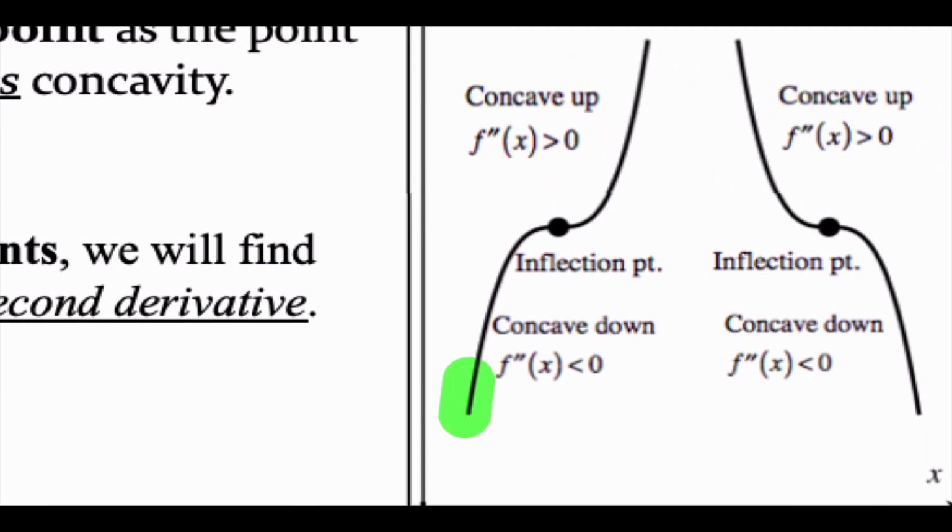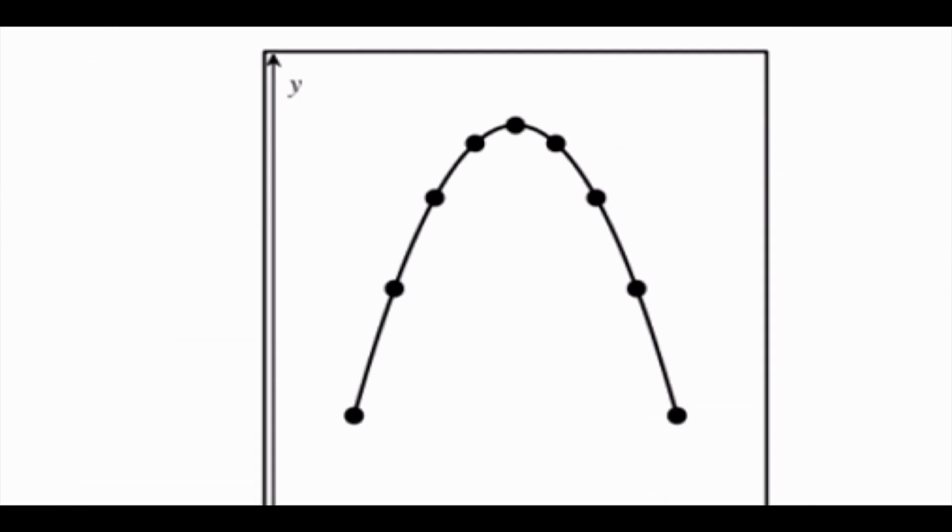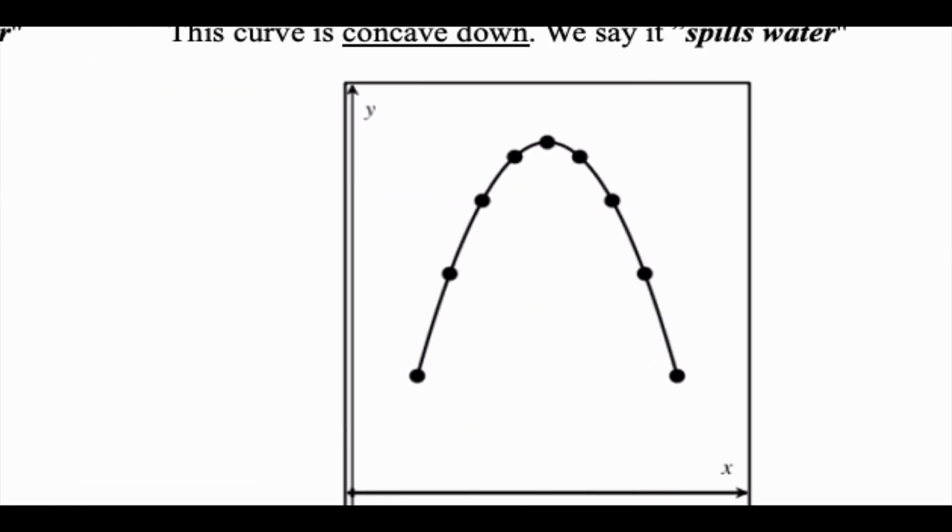Where it's green, that would be considered concave down. It's considered concave down because it most resembles this guy here, this portion of it, kind of curving downwards.